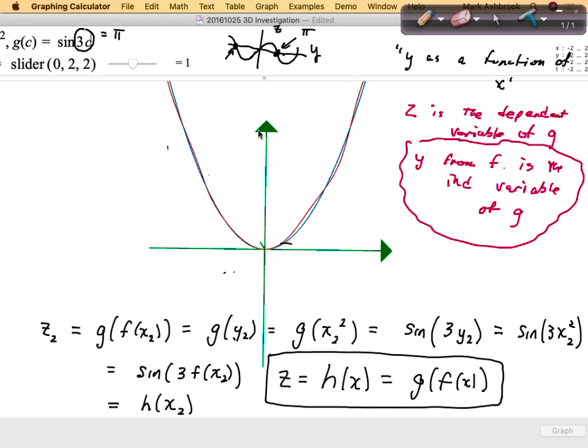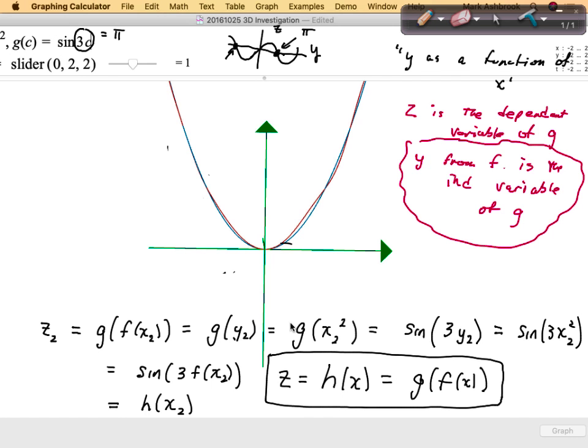So if I just show you the xy plane, what do you see? Just showing the xy plane, what do you see? Just f of x, right? y is f of x, right?